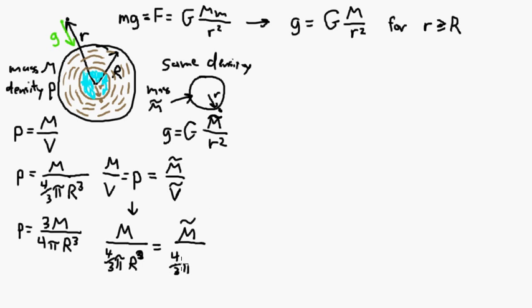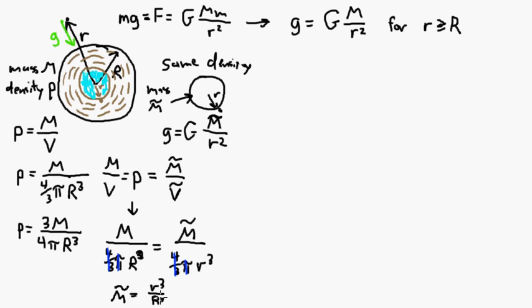What's nice here is that the 4/3 and pi cancel out on both sides. So if we want to find M squiggle, what we're left with, very nicely, is M squiggle equals little r cubed over big R cubed times big M.